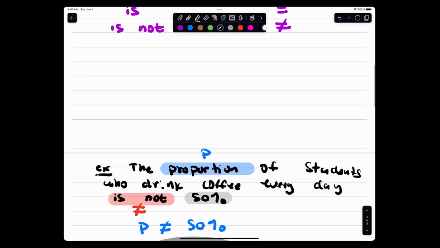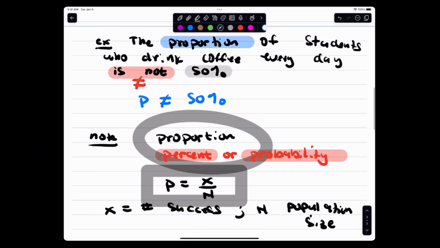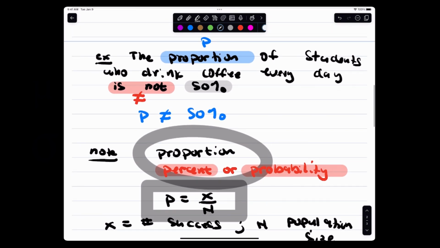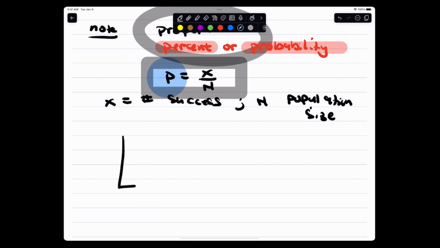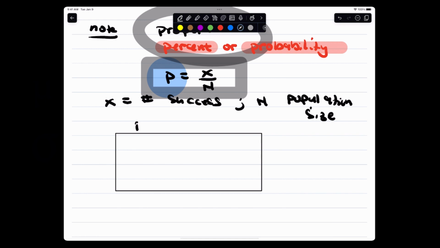So if you said, I don't even know what a proportion is, well, that's stuff we've been working with, a probability or a percent. But it's from a population. Compared to, by the way, since we're on the topic, you had a test on this. What about, ladies and gentlemen, a sample proportion?